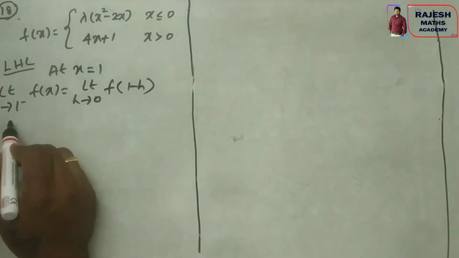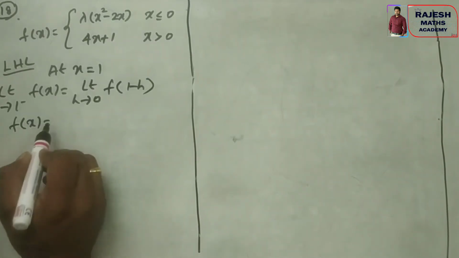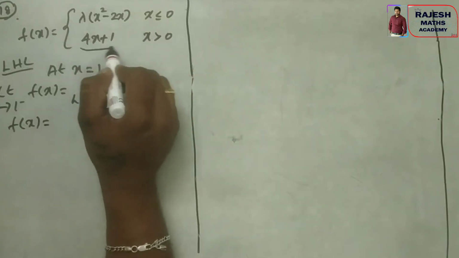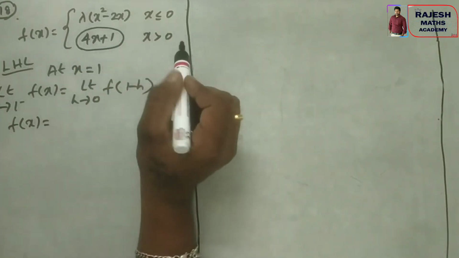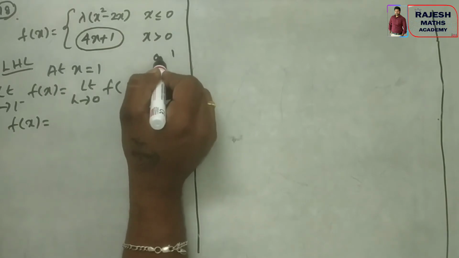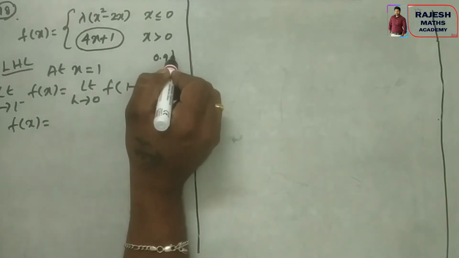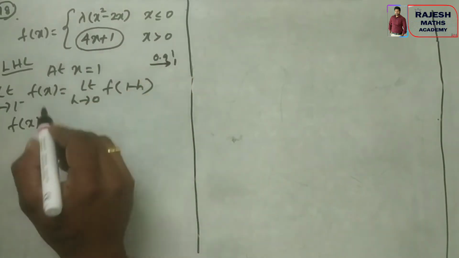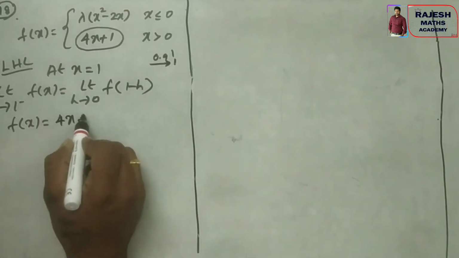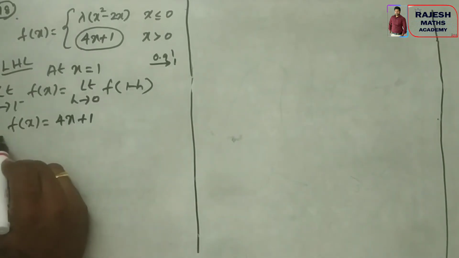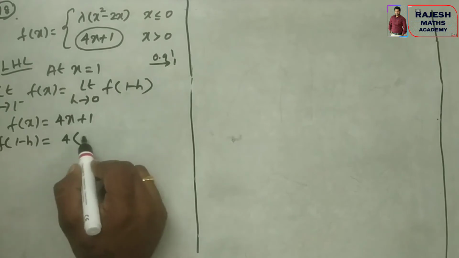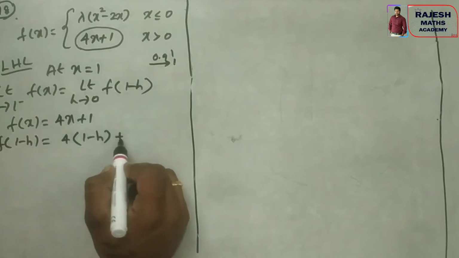So in this case, what is the value of f of x? For the less than 1 case, which means greater than 0 case, for all values it is 4x plus 1. So less than 1 means 0.9, 0.99, values very close to 1, also 4x plus 1. So my f of x equal to 4x plus 1. What is the value of f of 1 minus h? That is equal to 4 times 1 minus h plus 1.